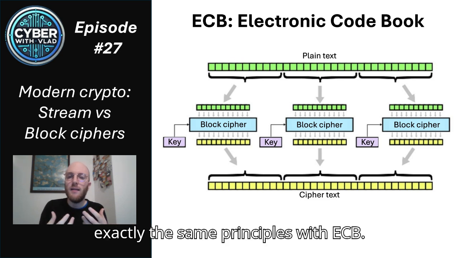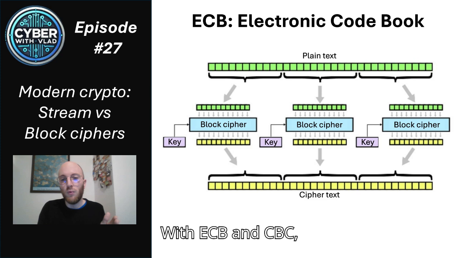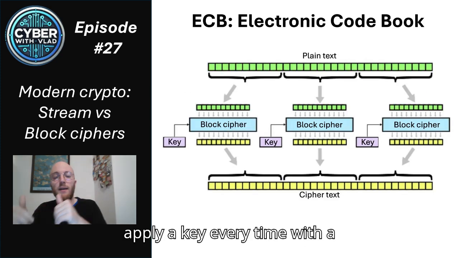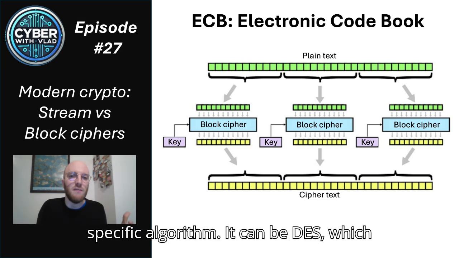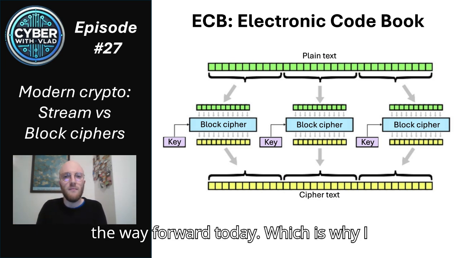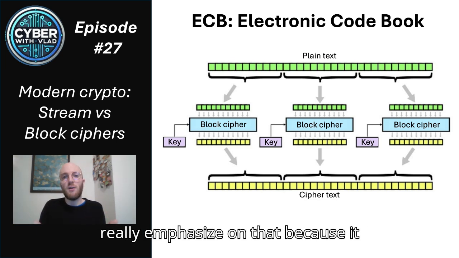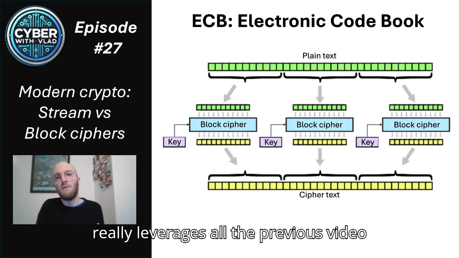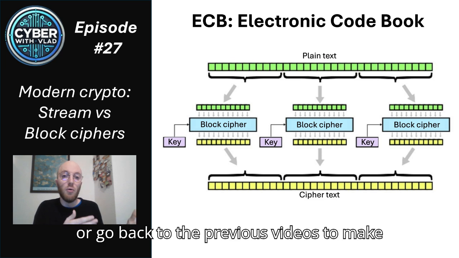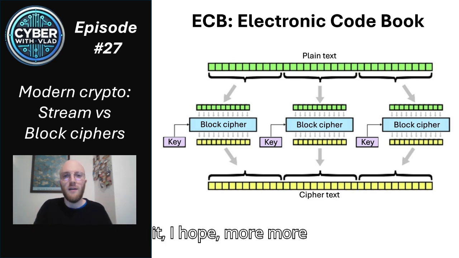And that's exactly the same principle with ECB. With ECB and CBC, we slice our plaintext message and we apply a key every time with a specific algorithm. Can be DES, which is deprecated, can be AES, which is the way forward today. Which is why I really emphasize that, because it really leverages all the previous videos that we've seen. And if it's unclear to you, don't hesitate to raise a question or go back to the previous videos to make it, I hope, more understandable.